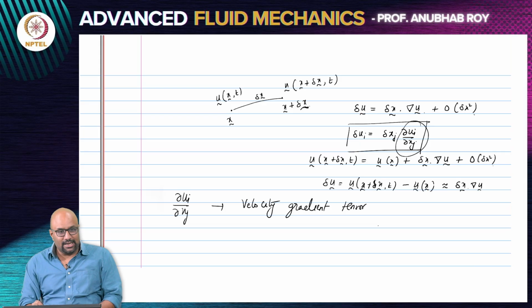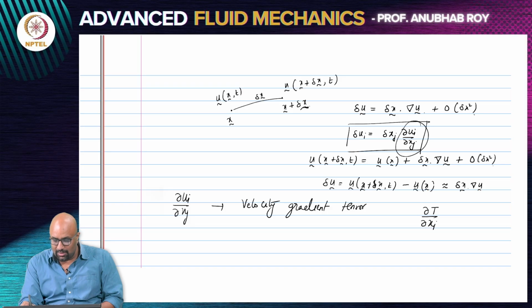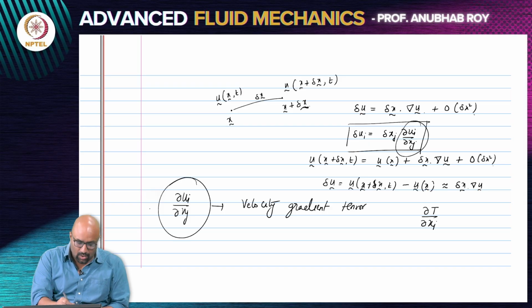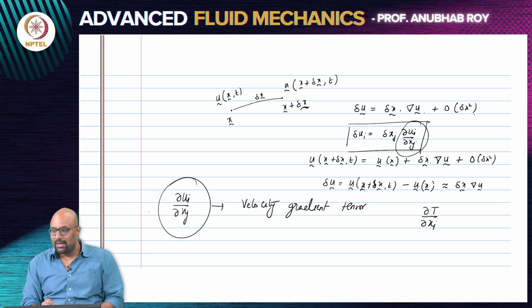Unlike the gradient of a scalar, let's say temperature gradient, which will have 3 components: the variation of temperature along direction x1, along direction x2, and along direction x3, the velocity gradient has 9 components.